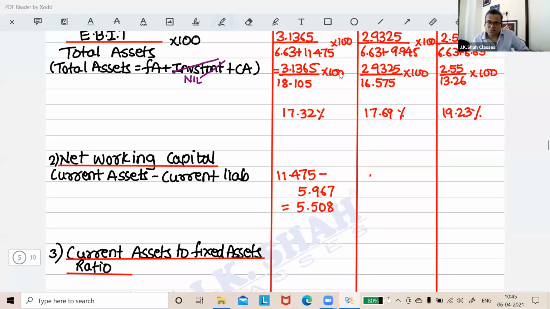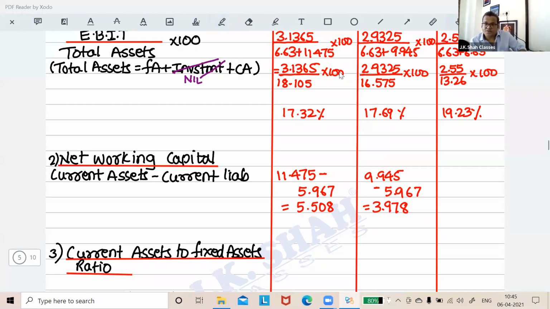Then over here 9.945 minus 5.967 came to 3.978.